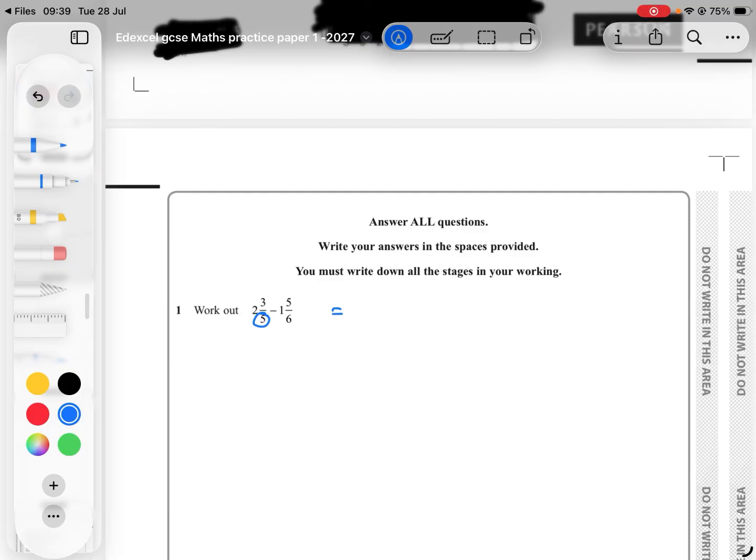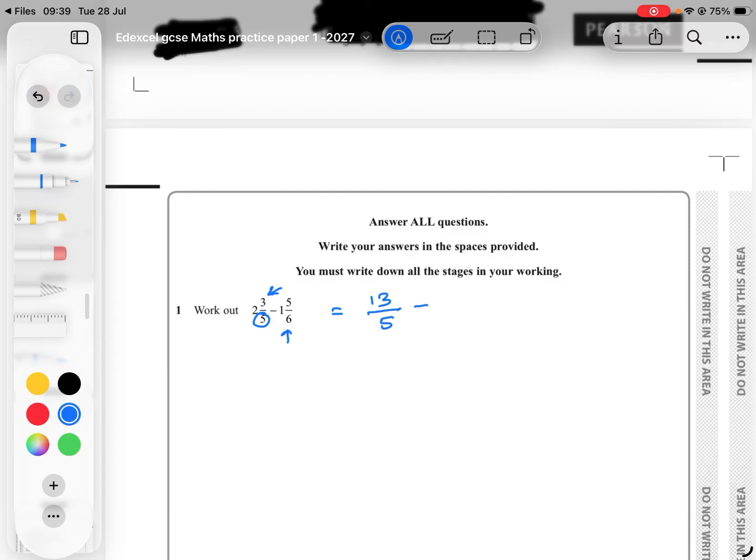Then add the numerator 3, so 13 over 5. So this is the improper fraction.